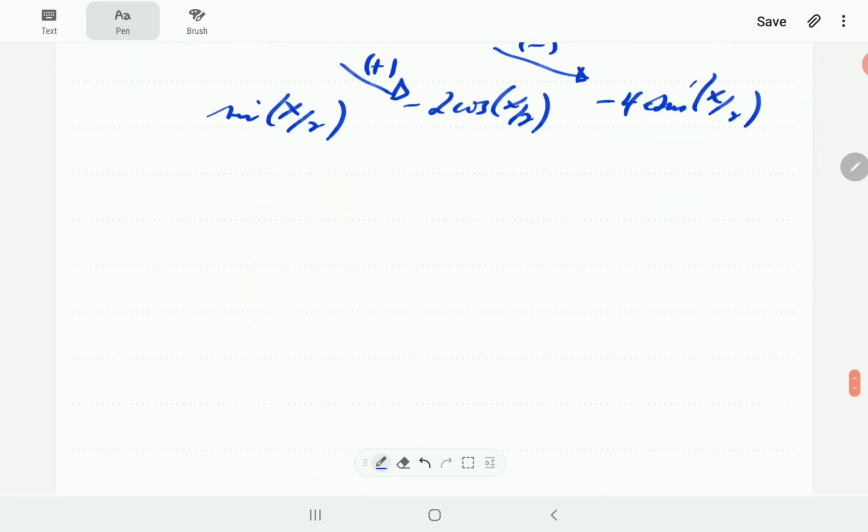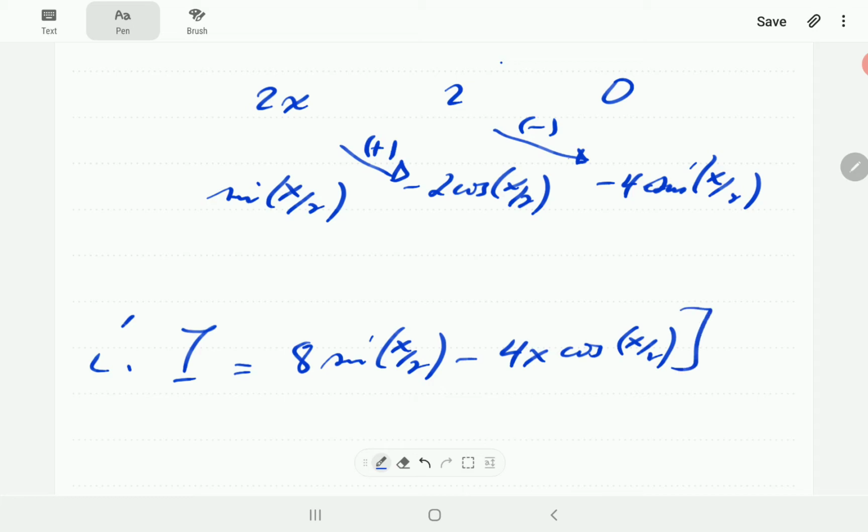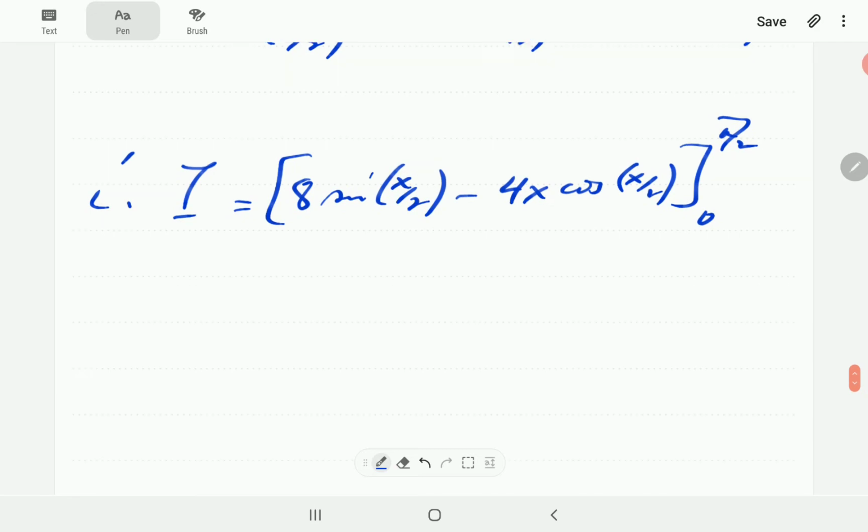So our I here is going to be, I'm going to start with this one because it's plus 8 times sine x on 2, and then the first two terms work out to negative 4x cosine x on 2. Our limits are 0 to pi on 2.